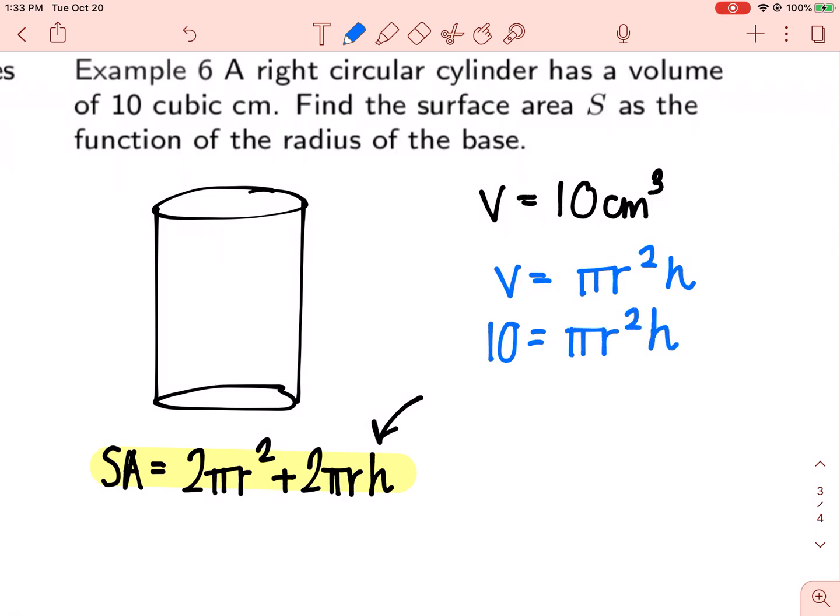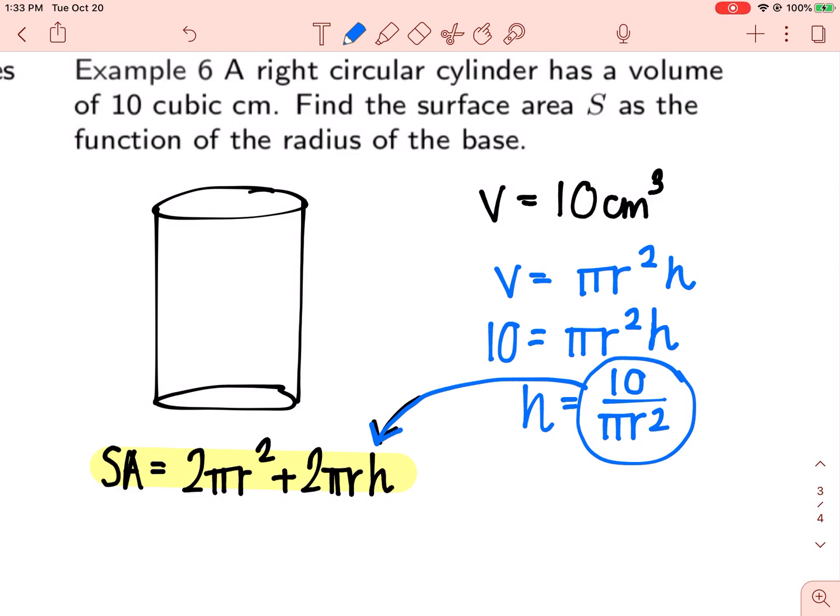If I can get h by itself and replace it into my highlighted function, I'm good to go. Hey, not too bad. I can just divide both sides by pi r squared. H will now be replaced, and I will have surface area in terms of the variable r.